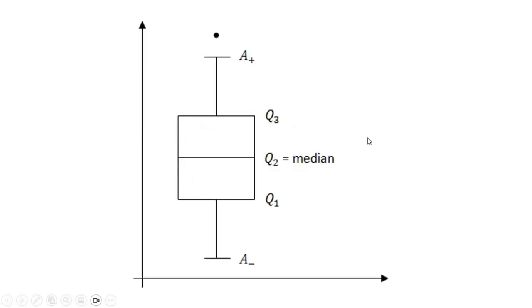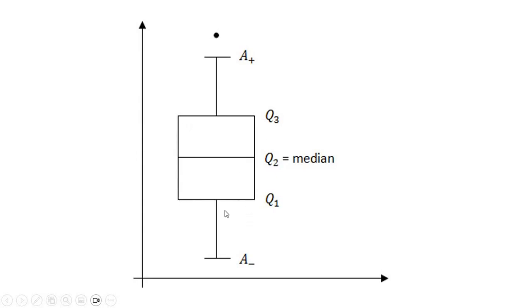To understand the Boxplot, based on your data, when you draw the Boxplot using any other software, say SPSS or R, you will see this kind of graph. This is called Boxplot because it looks like a box.